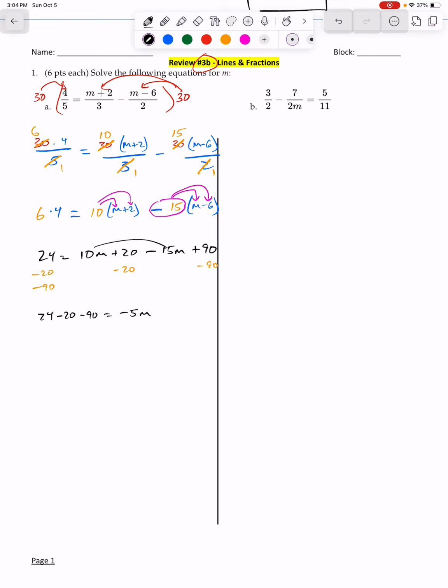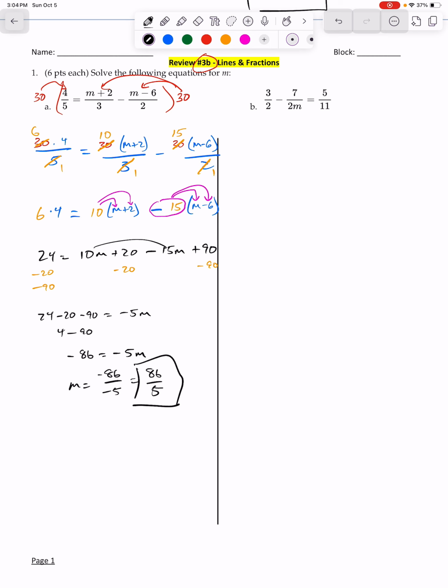So let's see here. This is 4 minus 90, which is negative 86 equals negative 5m. So m equals negative 86 over negative 5, which is just 86 over 5.